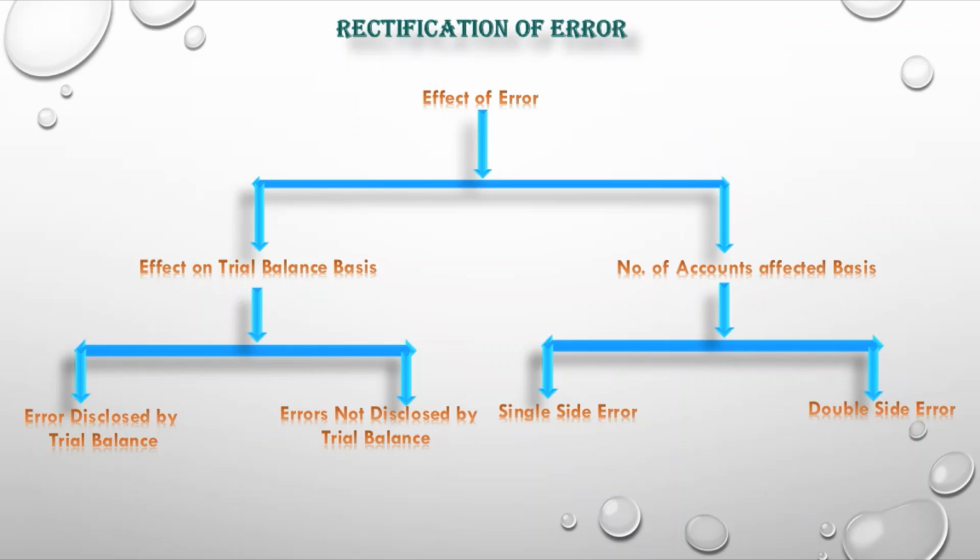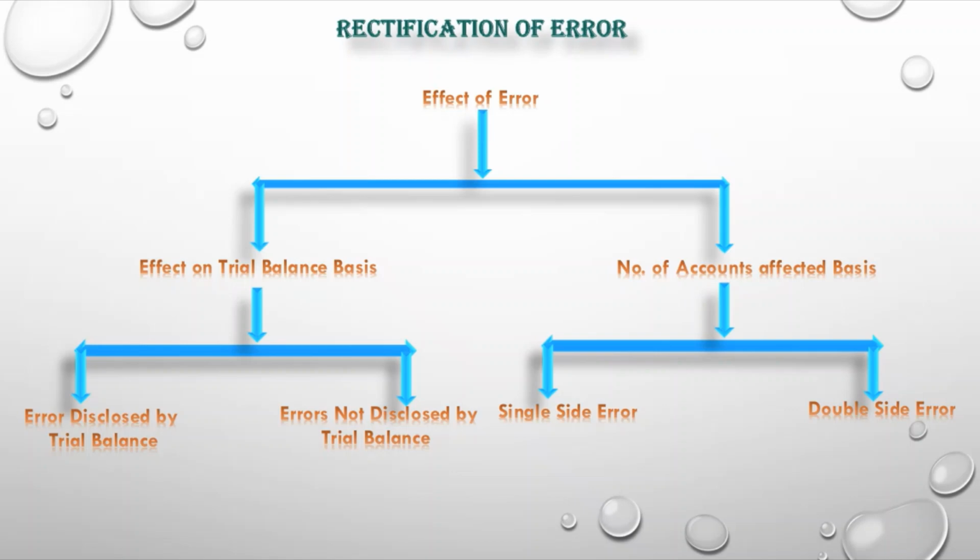That means you have to put that amount in suspense so that your operation does not stop, and later you clear this account through the account to which this balance actually belongs. And the second one is double side error, that means short debit and credit of an amount of a particular account or excess debit and credit of a particular account, that does not affect the trial balance. So these are all the errors I have described here.